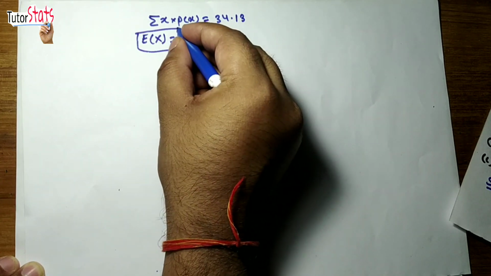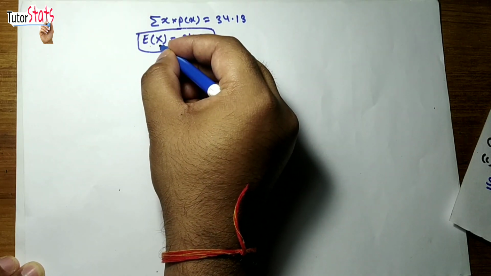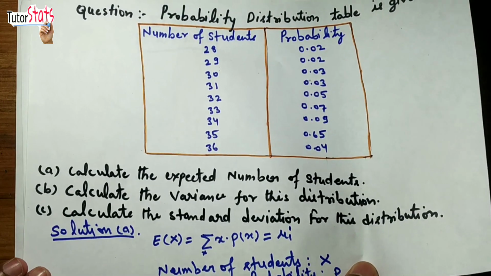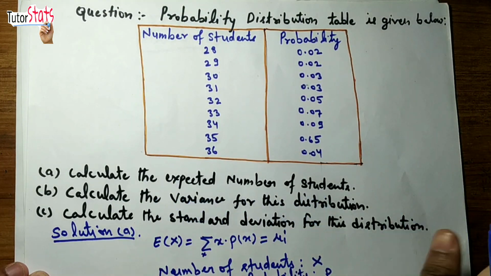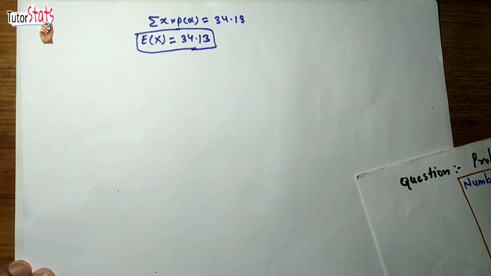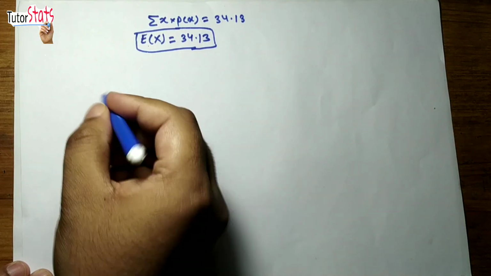This is our resulting value for the expected value of x. So now the expected number of students is 34.13.